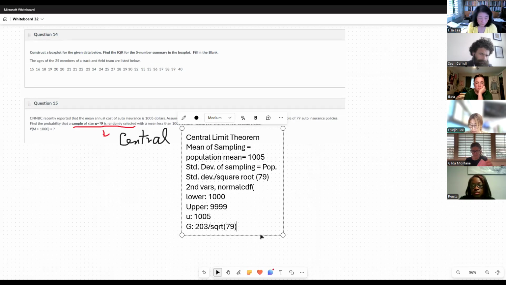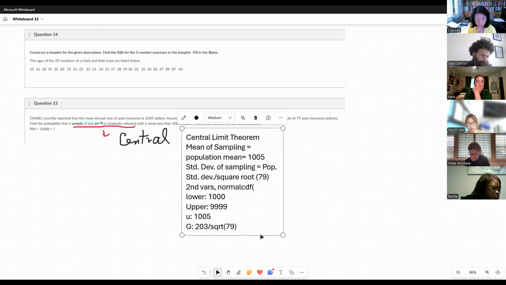Then you go to your calculator and type in 203 divided by the square root of 79, then paste and hit enter again.